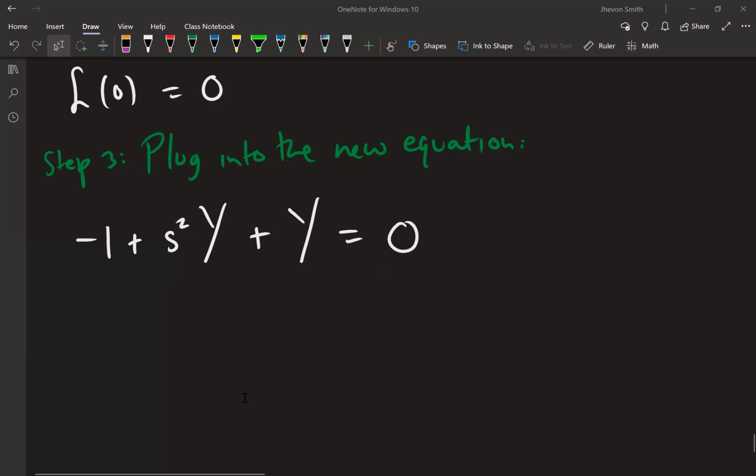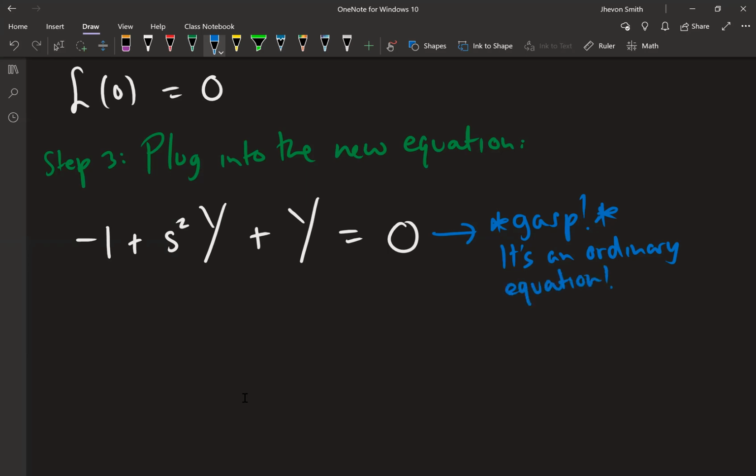There are no derivatives in this equation. Gasp. It's an ordinary equation. In fact, it's a polynomial equation. And that is how, using a Laplace transform, you can go from an ODE to a regular equation.